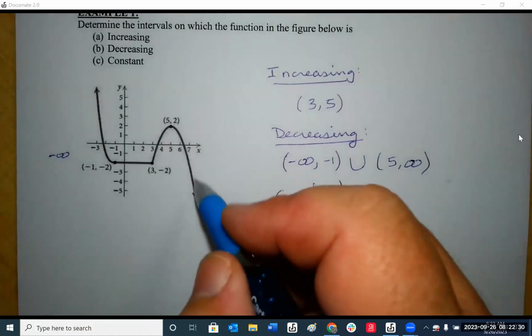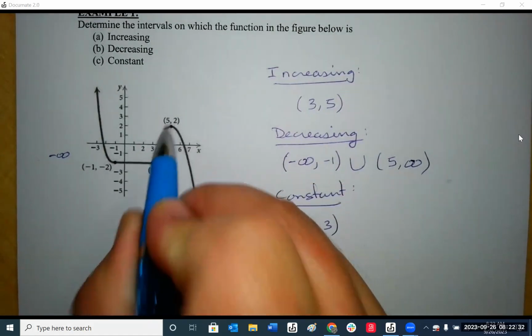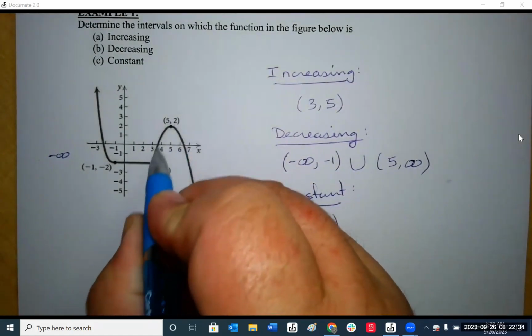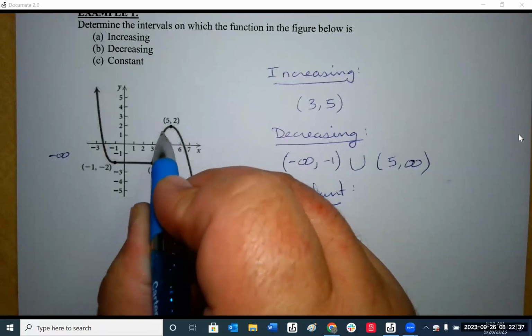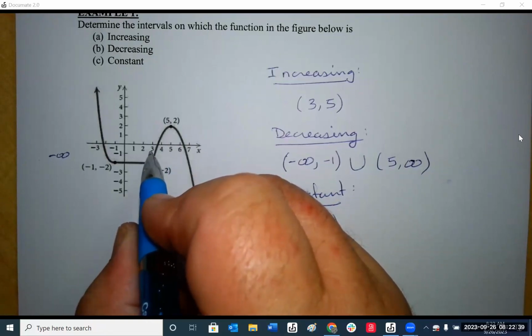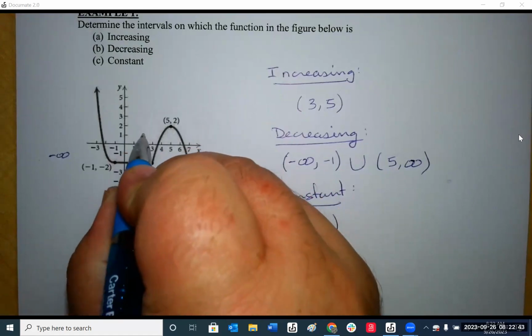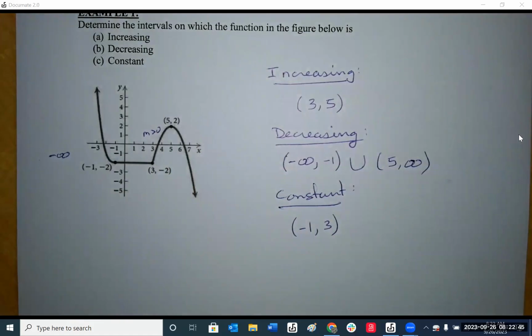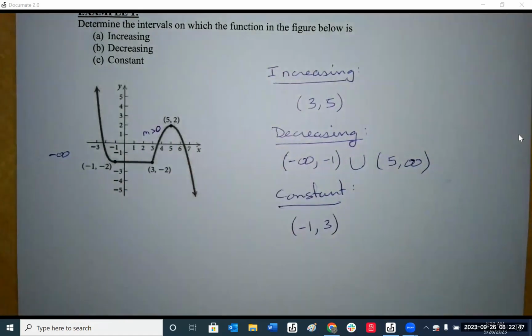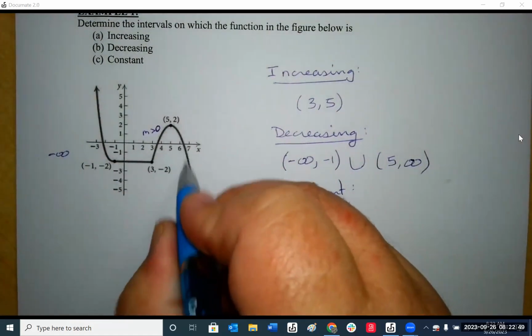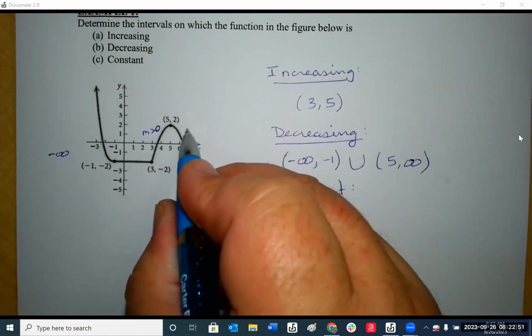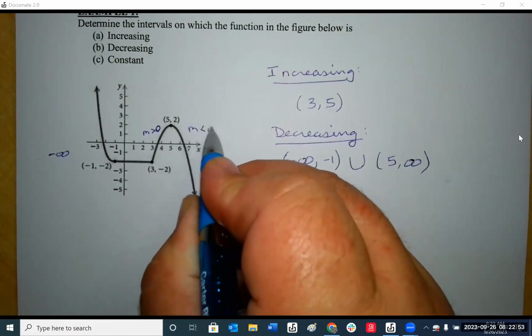But at 5,2, what's the slope to the left of it? It's increasing, going up, so it's positive, greater than 0. Over here, it's going down, so it's negative.